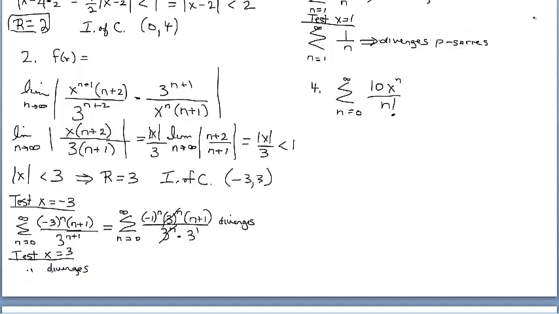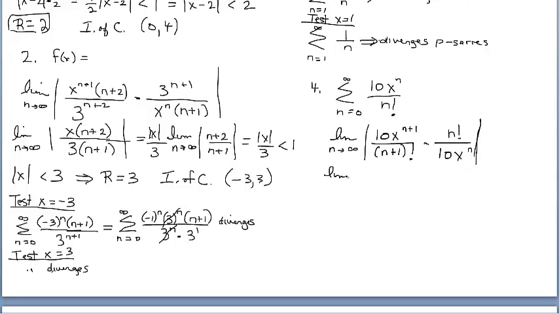Okay, so let's do the setup of the ratio test. Okay, let's do some cleanup. We're going to have x on top times n factorial times quantity n plus 1 factorial. We can do some more cleanup.